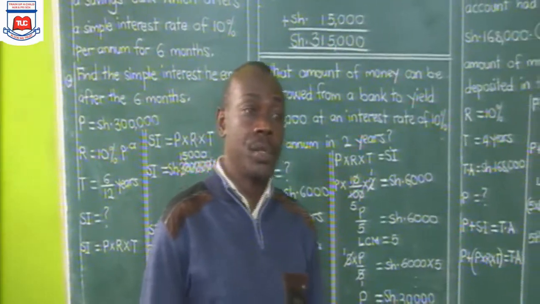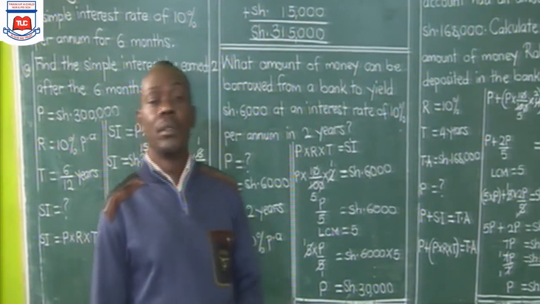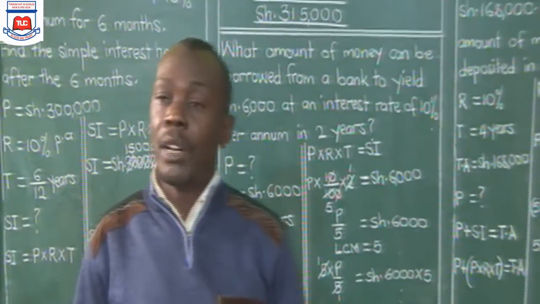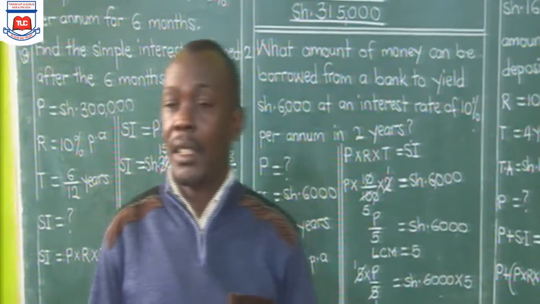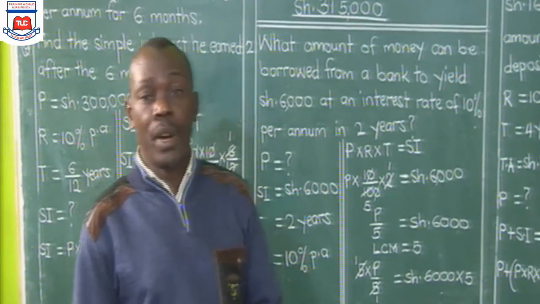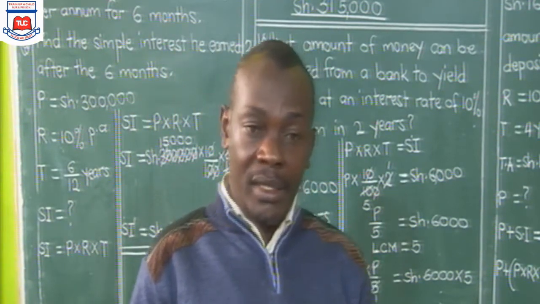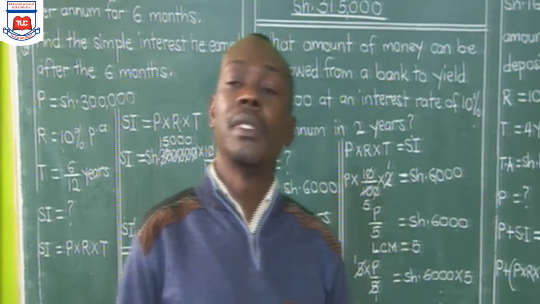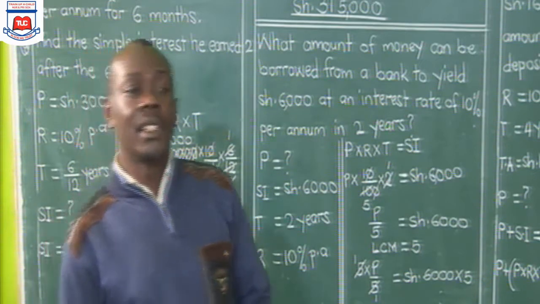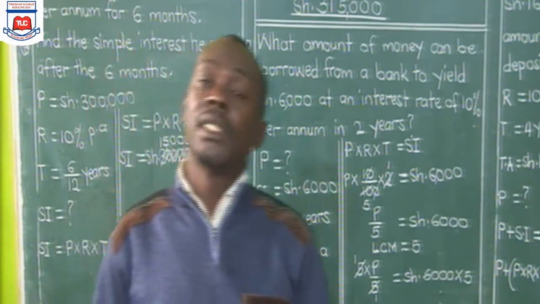Principal has two definitions. One, principal is the amount of money one deposits onto one's account in the bank.